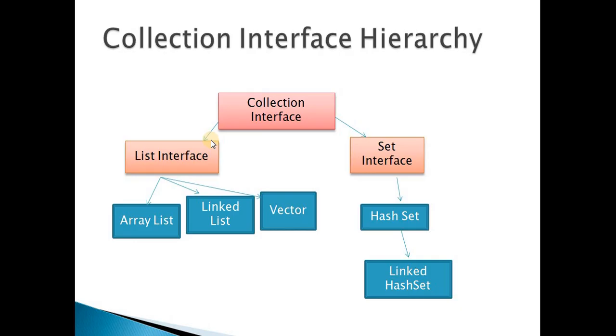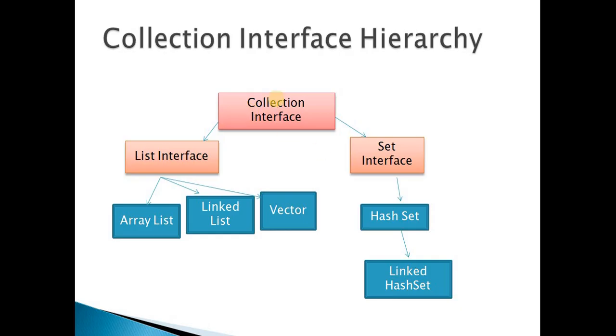The list interface is a direct sub interface of the collection interface, and the set interface is also a direct sub interface of the collection interface. One interface can extend another interface in Java, so we write public list interface extends collection interface. In a similar way, public set interface extends collection.